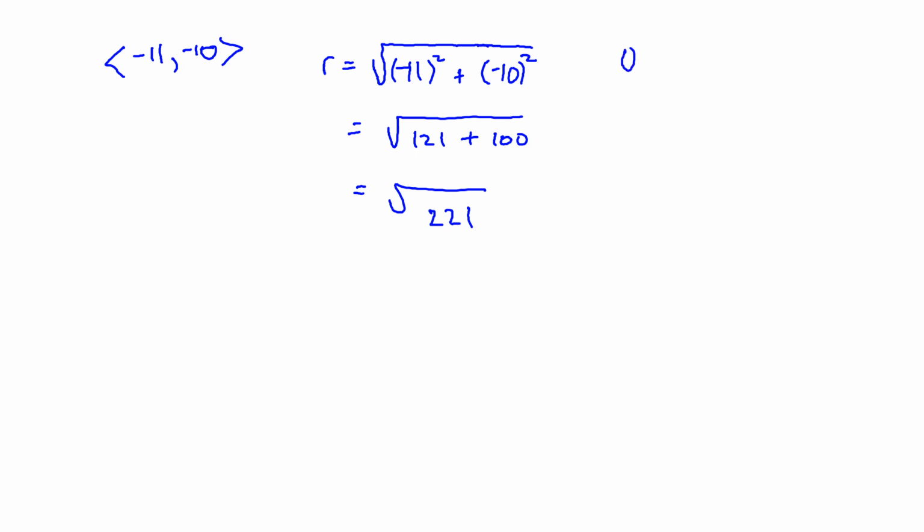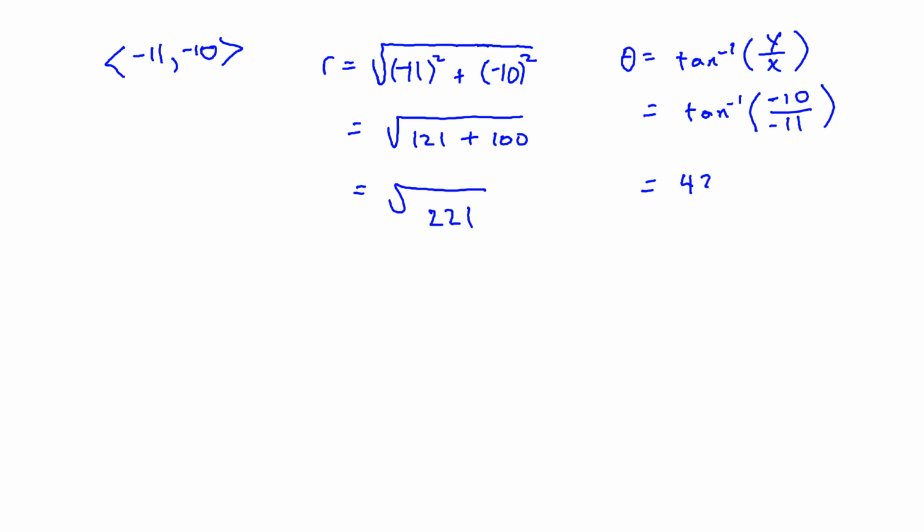So next we'll find the direction angle. Same formula, arctangent of y over x. So it'll be what? What two numbers? And -11, right? So when we put that in the calculator, what does it give us?